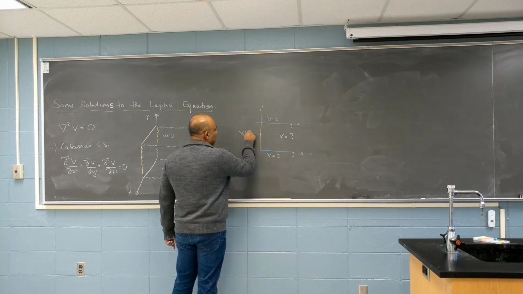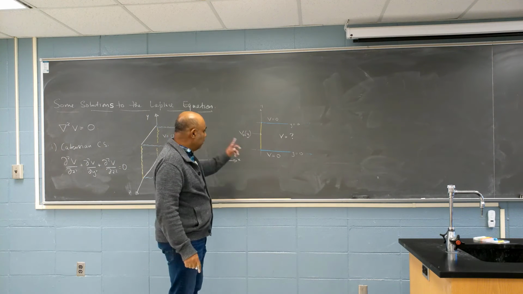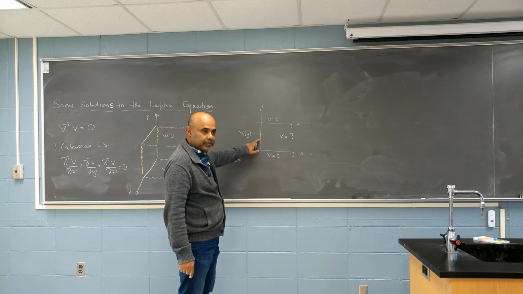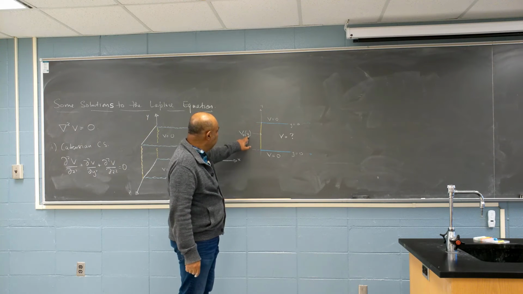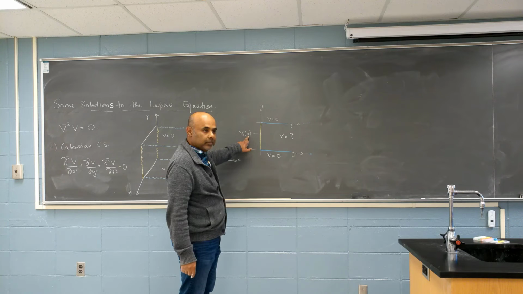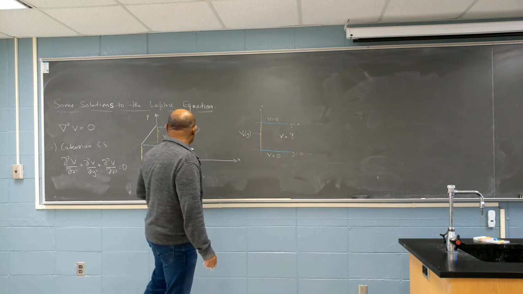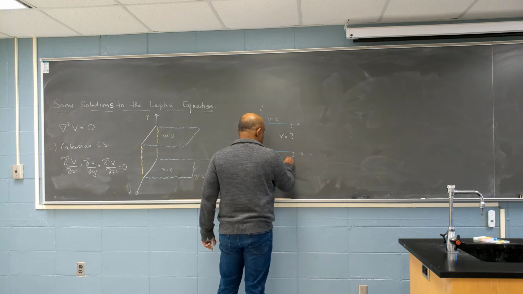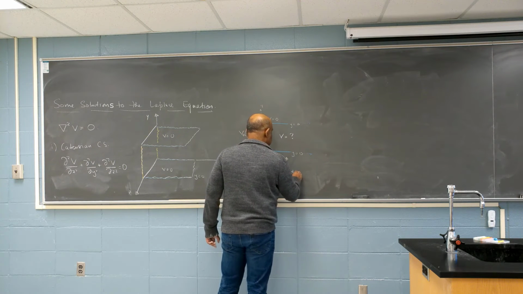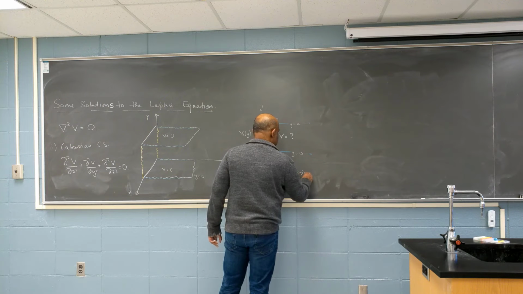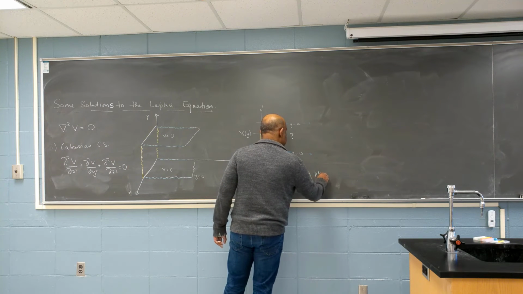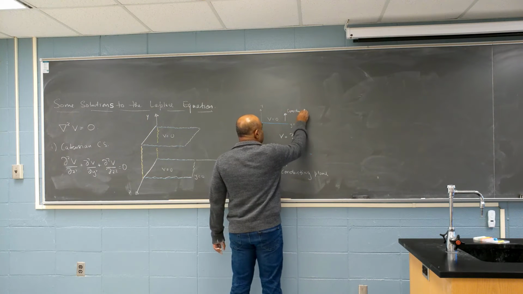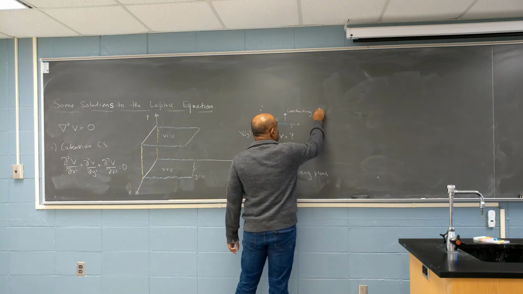And over here, at the moment, we can call it V0 of Y. Sorry, this is not a conducting plane. The potential is changing. It is dependent only on Y. So blue is conducting plane, conducting plane.